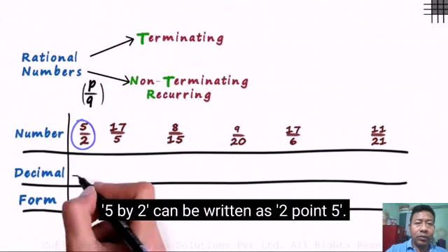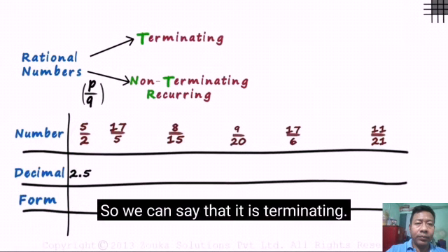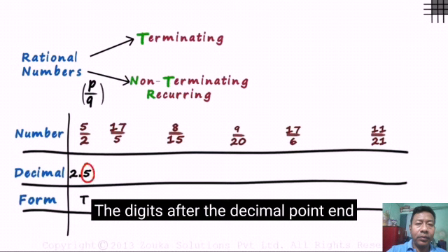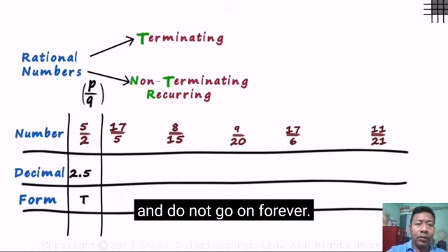5 by 2 we can write as 2.5. So we can say that it's terminating, so let's write T. The digits after the decimal point end. Therefore it is terminating and does not go on forever.